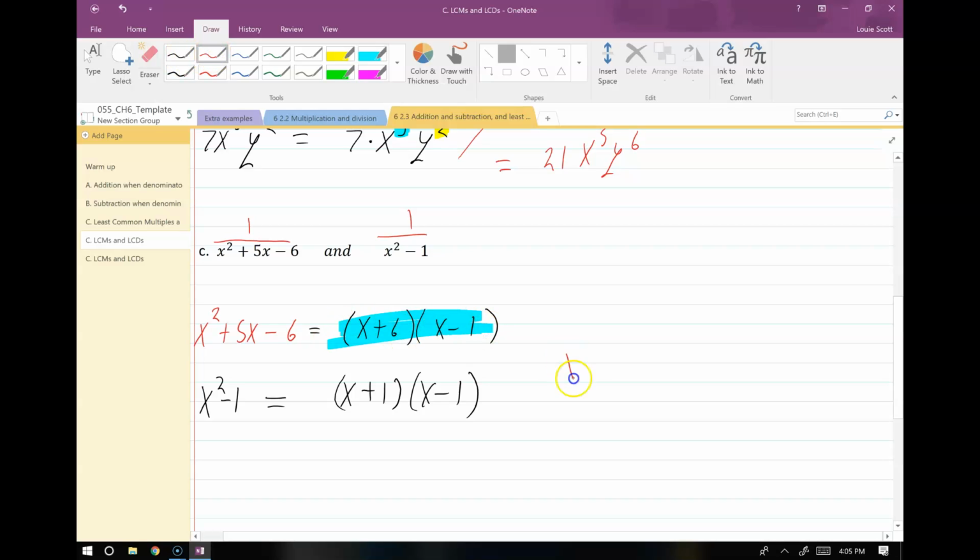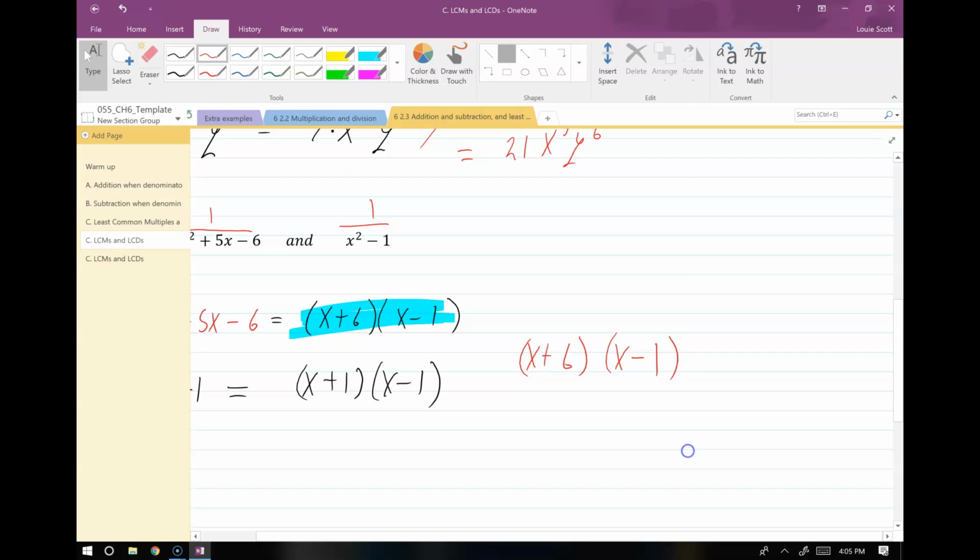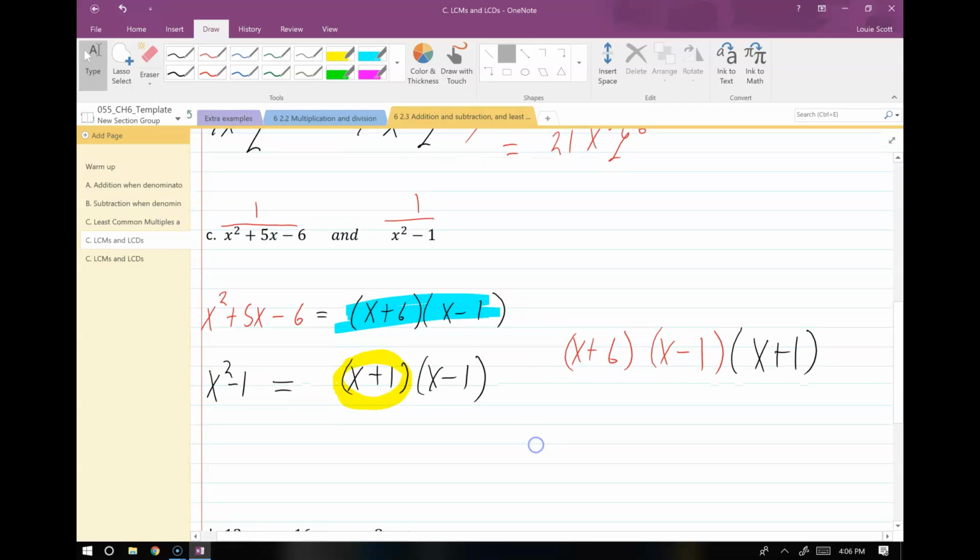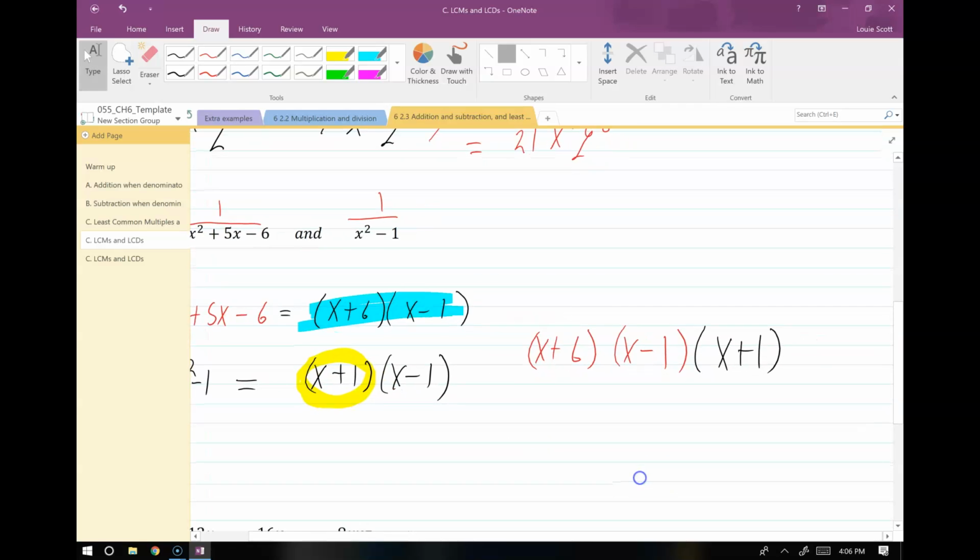I write it out, x plus 6, x minus 1. And I say, is this missing any factors that the other one contains? Well, they both have an x minus 1, and so I've got that one covered. But this one has an x plus 1, and the other one doesn't. So my LCD has to contain that. So this would be my LCD if I was to add two fractions with those as denominators. This ugly guy here.